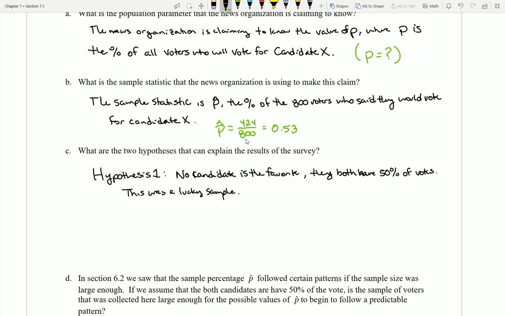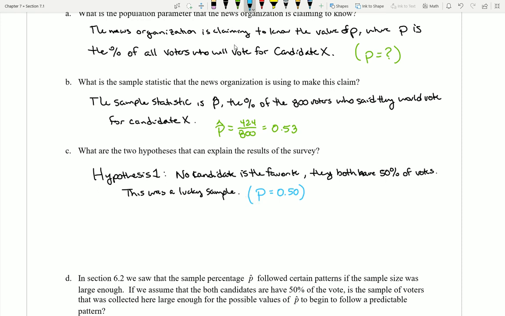We just happened to find a couple more people that were going to vote for candidate X. So if I'm putting this hypothesis into some symbols, I could say that the value of P that's up here, this hypothesis would claim that this value of P is really just 50%. Okay?